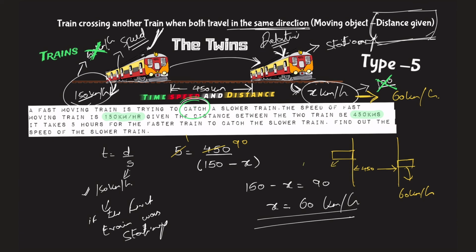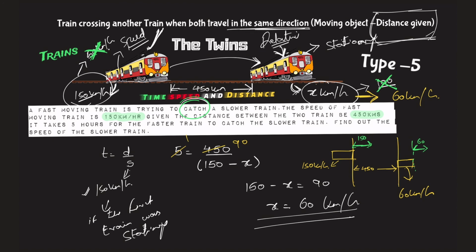The speed of this is 150 kilometers per hour, so this will go ahead by 150 in 1 hour. But this will also go ahead by 60. So as a resultant, this is moving to chase him by 150 minus 60, because this is also moving. So resultant, it is moving only by 90. Okay, and that's how you get it.